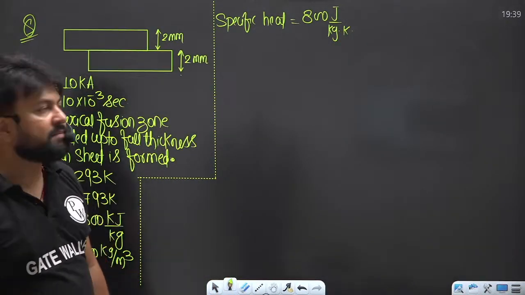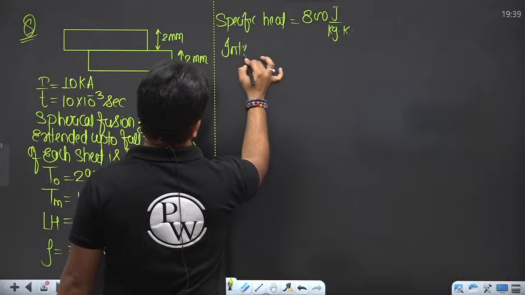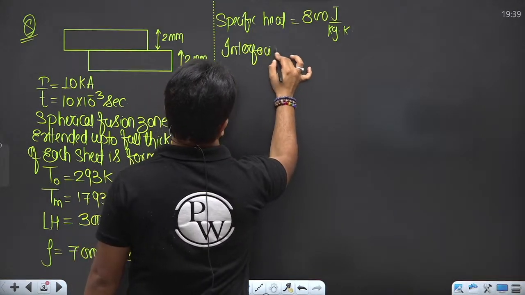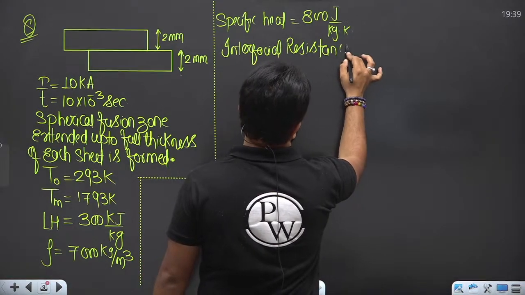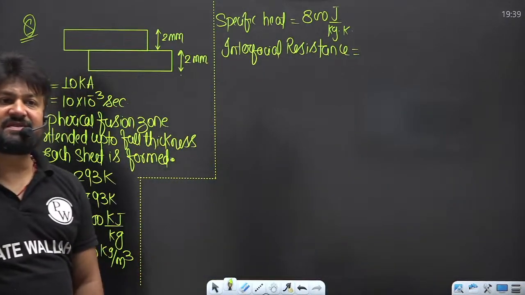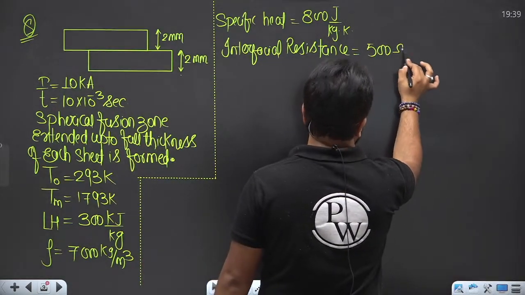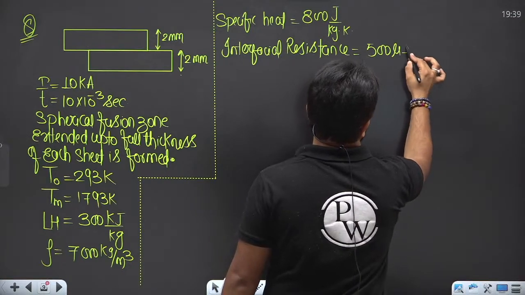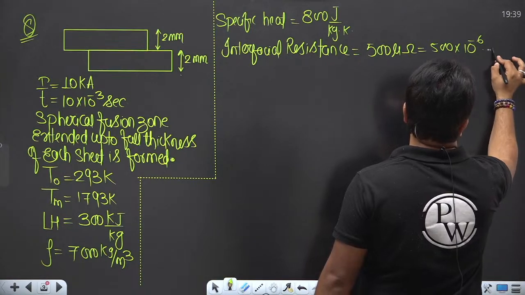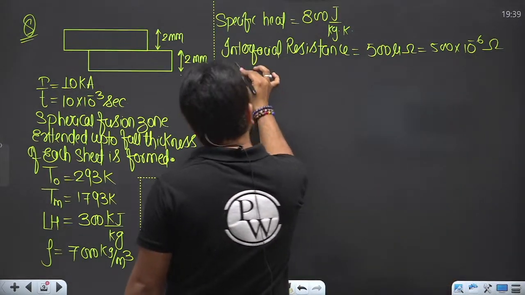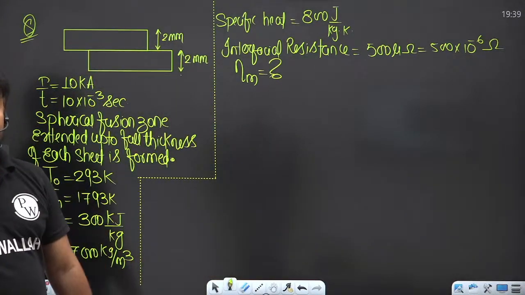You have to find out the melting efficiency. The interfacial resistance is also given as 500 micro ohm, so it will be 500 into 10 to the power minus 6 ohm. Now you have to find out the melting efficiency.